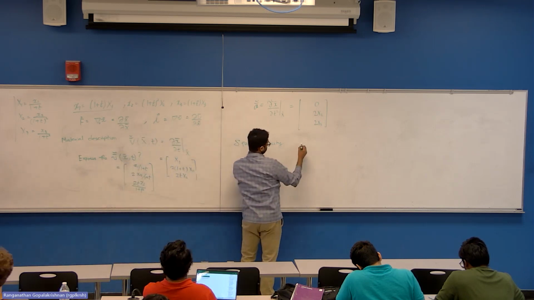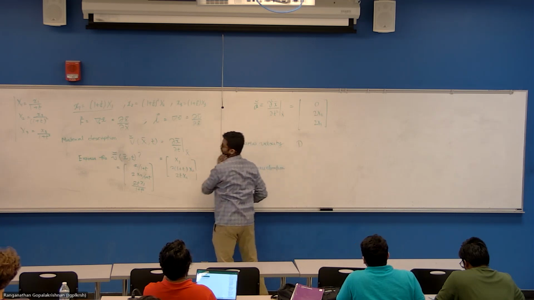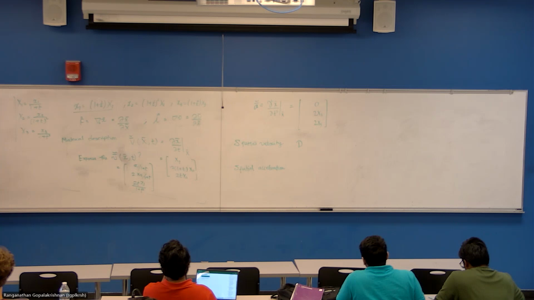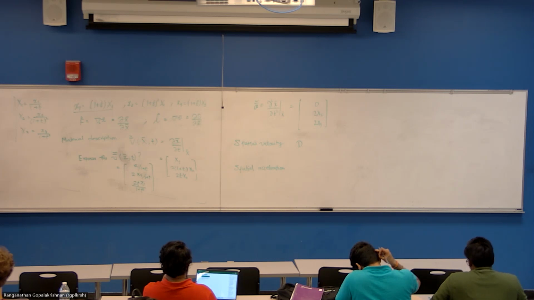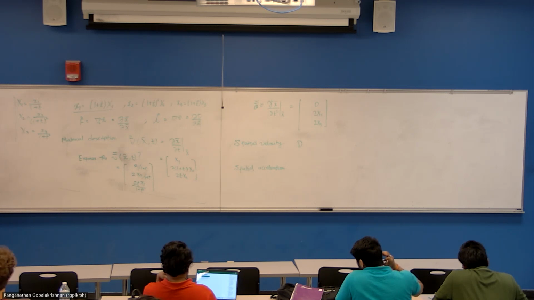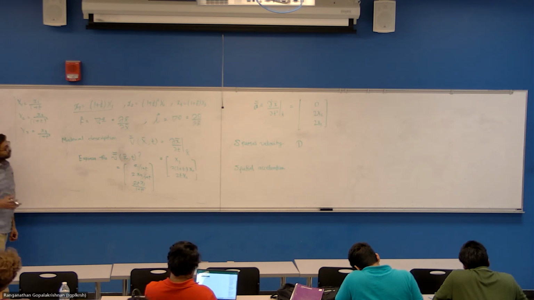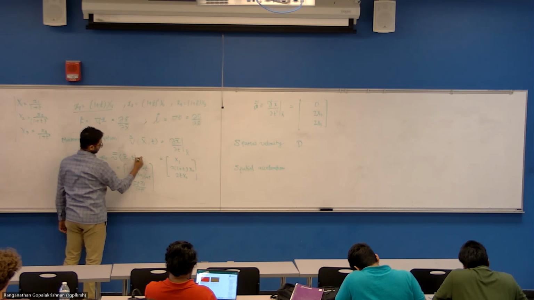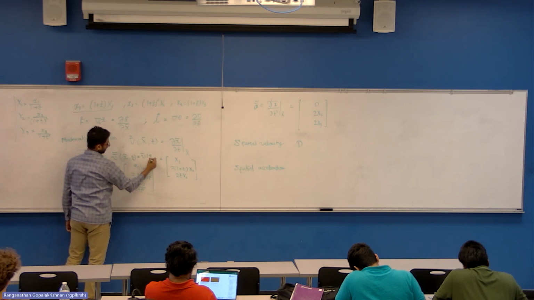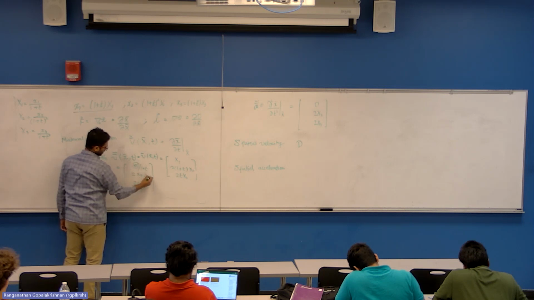That is, spatial velocity is, so this quantity here is also the spatial quantity because it has only the spatial coordinates and time.